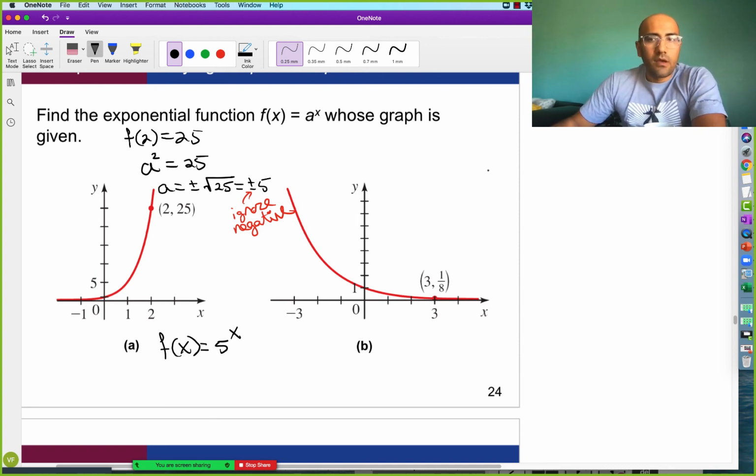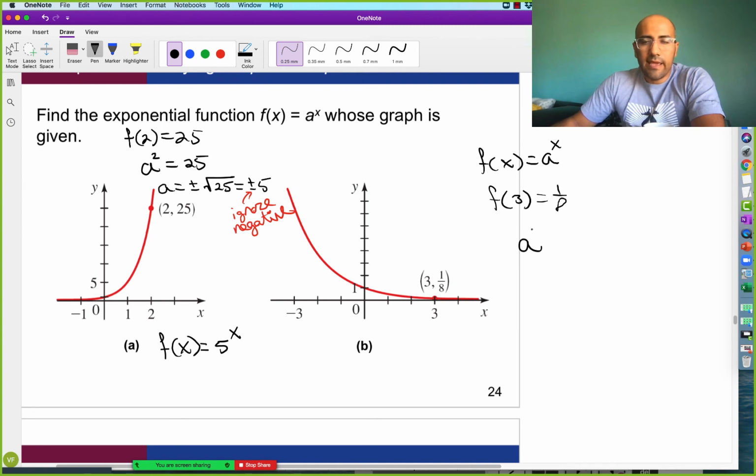Good. On the other hand over here, that must mean that f of x equals a to the x power, and we have that f of 3 led me to 1/8. So it must mean that a to the power of 3, some number raised to the power of 3, must be 1/8.